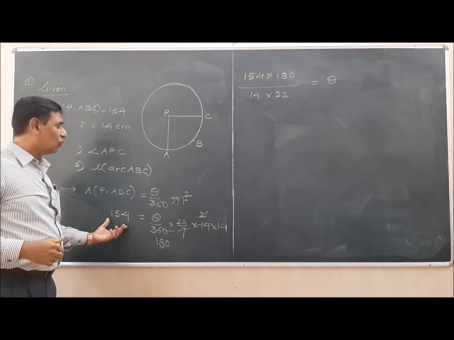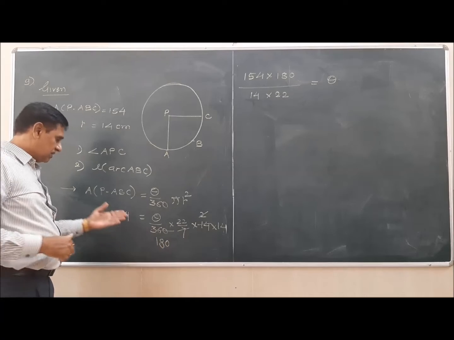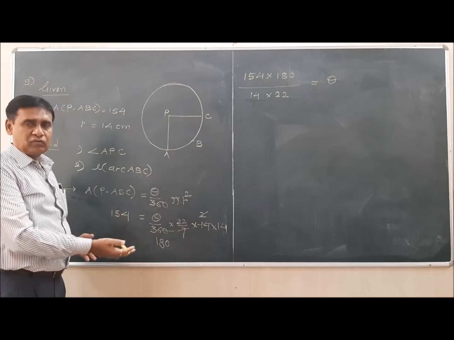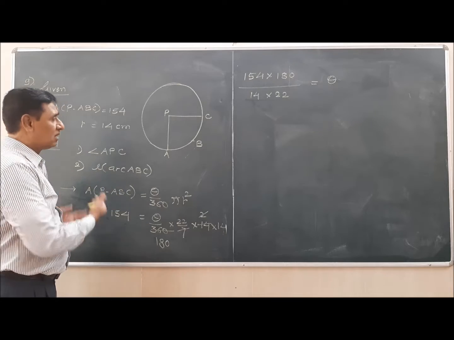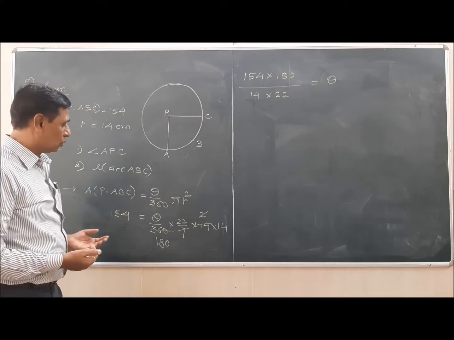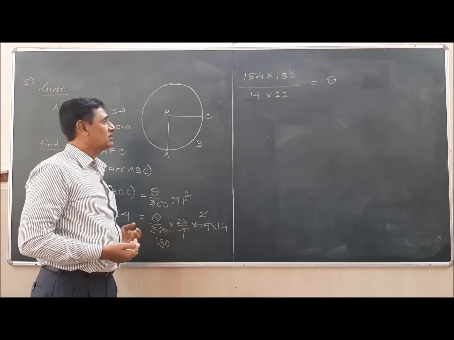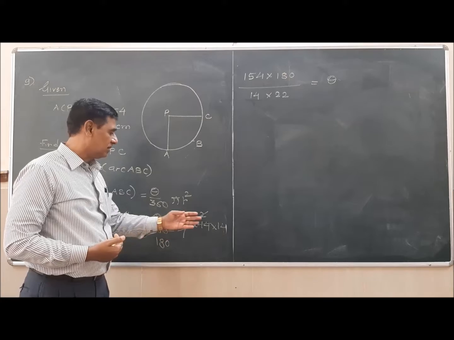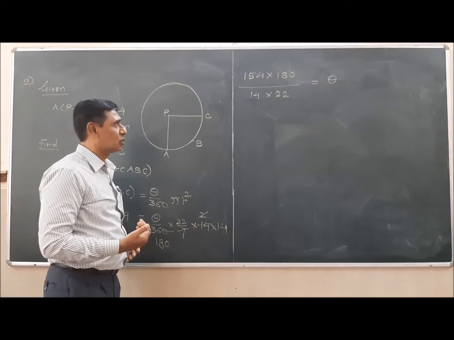So 154, this 180 shifted to the left hand side naturally. On the right hand side it was in the denominator, so it went into the numerator. On the right hand side 22 is in the numerator, so if I transfer it to the left hand side, it goes into the denominator in the same value, 14 also.